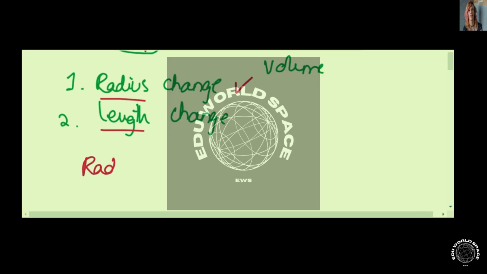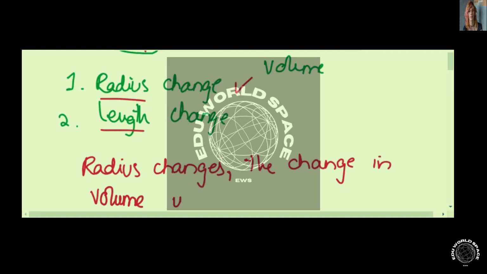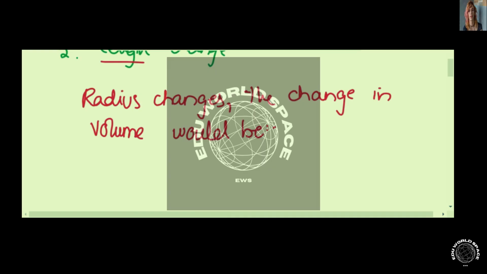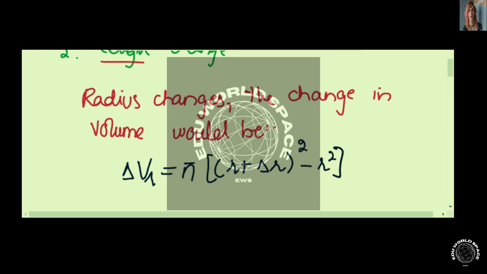So if the radius changes, the change in volume would be del V sub r is equal to pi [(r plus del r) whole square negative r square] l, right?